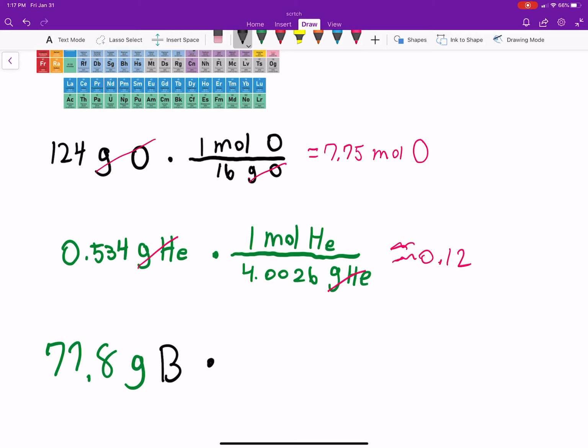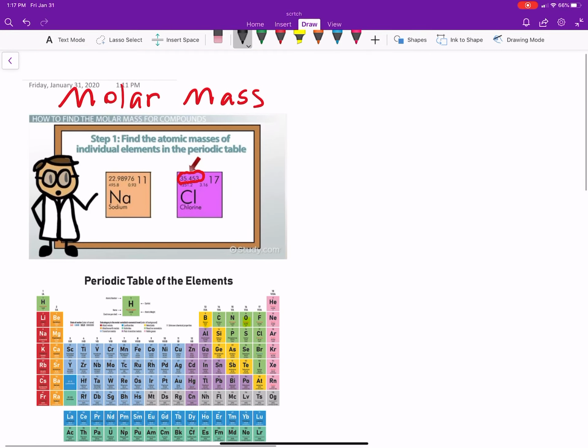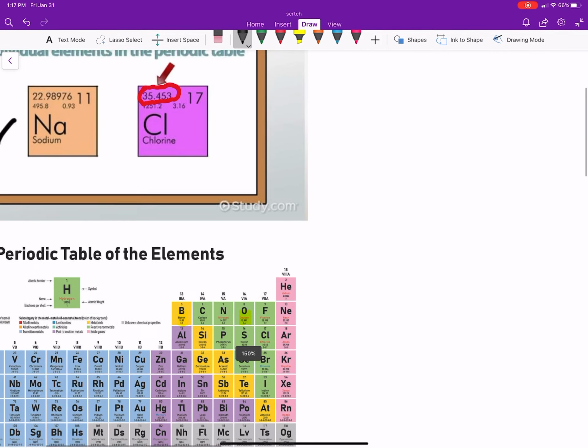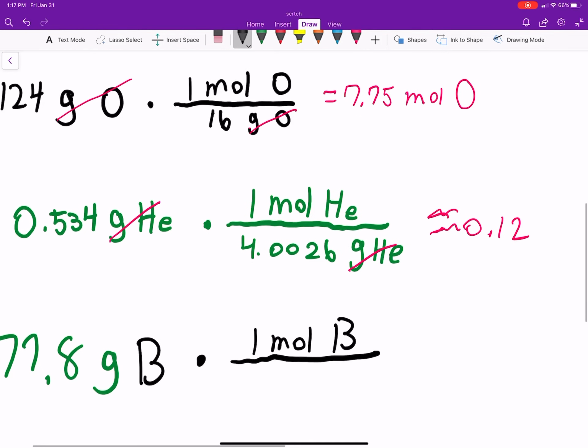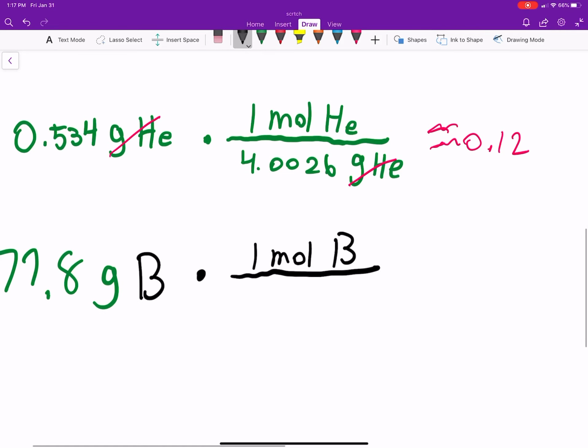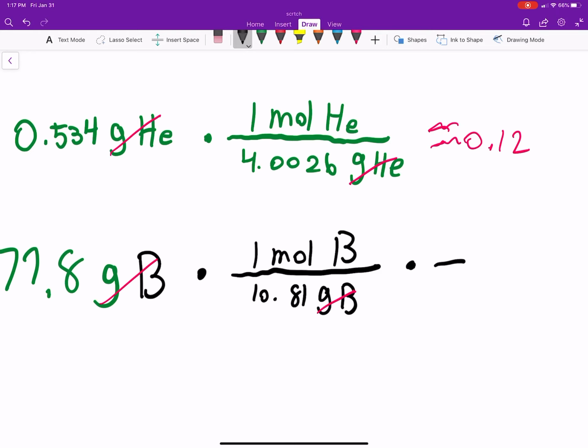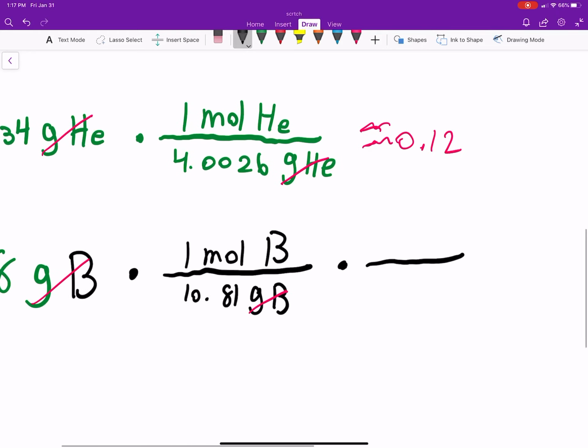So to find the amount of atoms, first we need to convert to moles, and then moles to atoms. So 1 mole is how much? Well, we go to our periodic table, 10.81 grams. And we see that this will cancel, but we don't want moles. Instead, what we want is atoms.